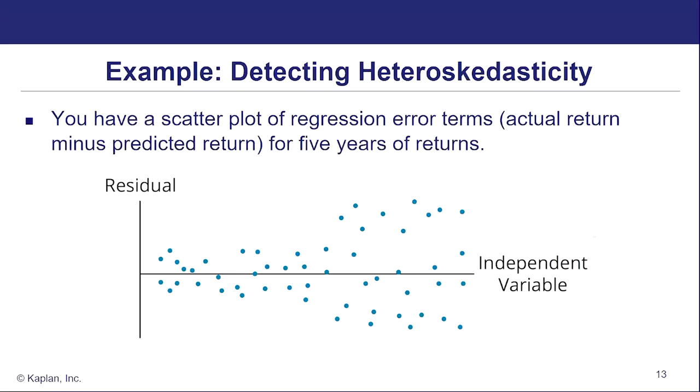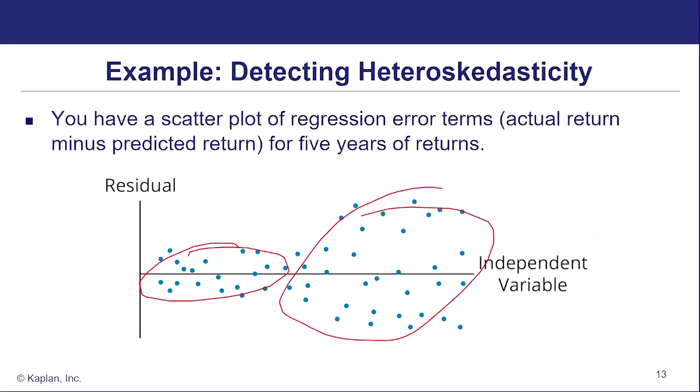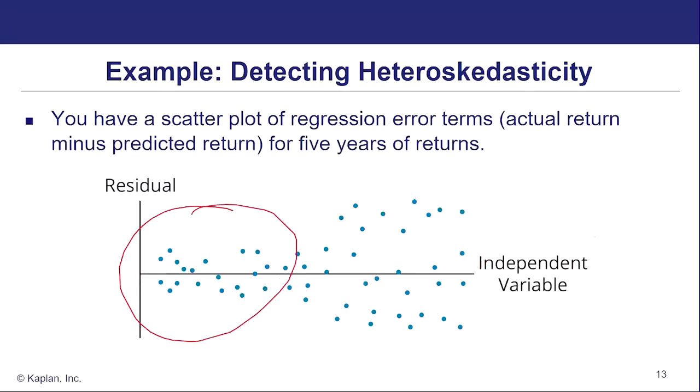Well, what I see here is the volatility is low at low values of the independent variable and high at high values of the independent variable. I could have seen volatility high at low values and low at high values. Still, that would be called conditional heteroscedasticity. Still, it would be a problem. So that is just a quick visual examination.